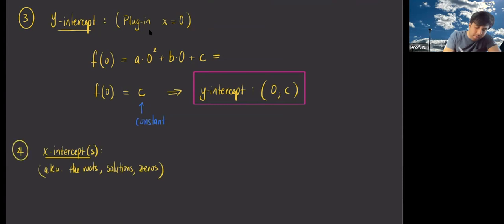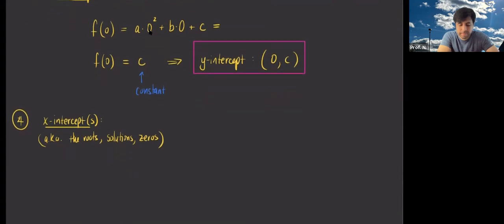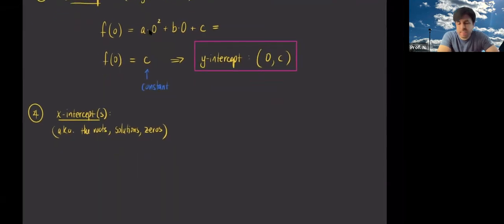So how do we find the roots, the solutions, the zeros, the x-intercepts of the quadratic? Does anybody know? I think all of you should know this. It's a very famous formula that's associated with the quadratic function.